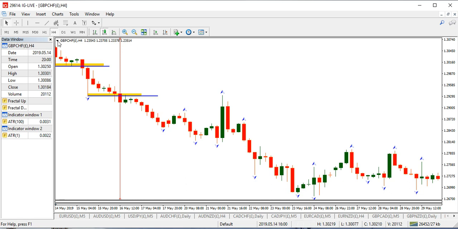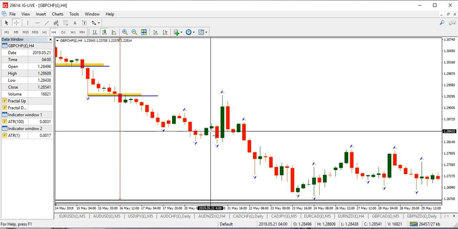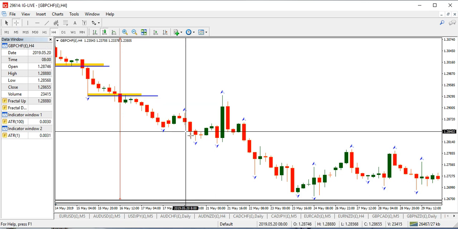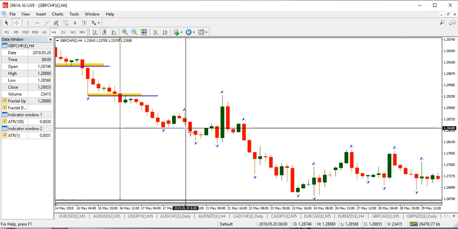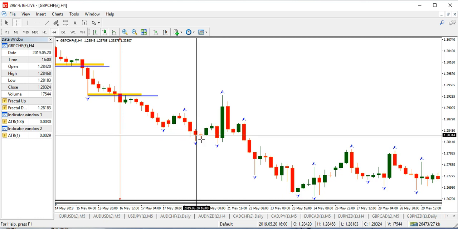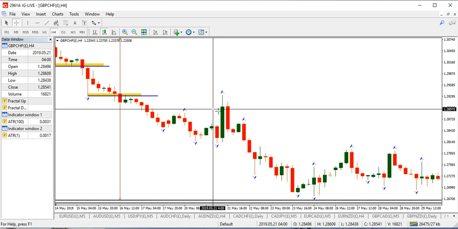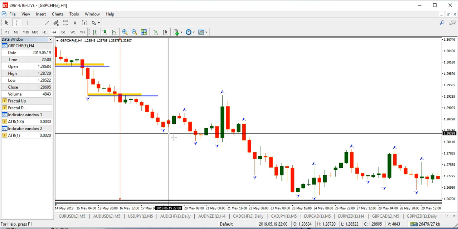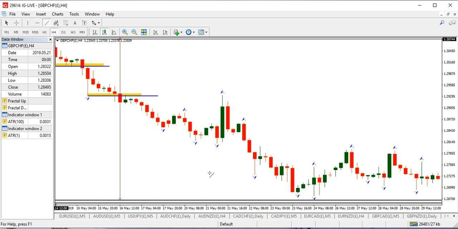So we're going down here now. Price breakthrough. Price breakthrough touches again.